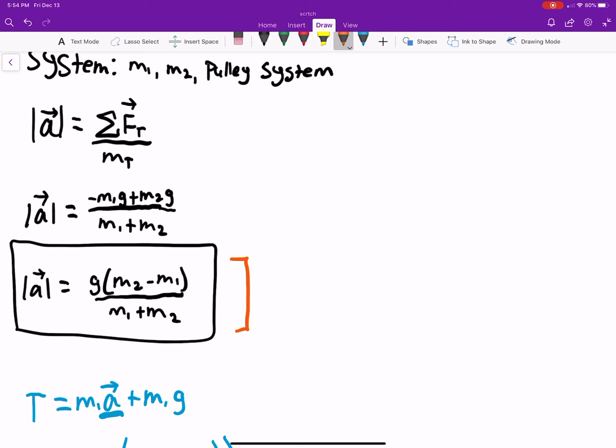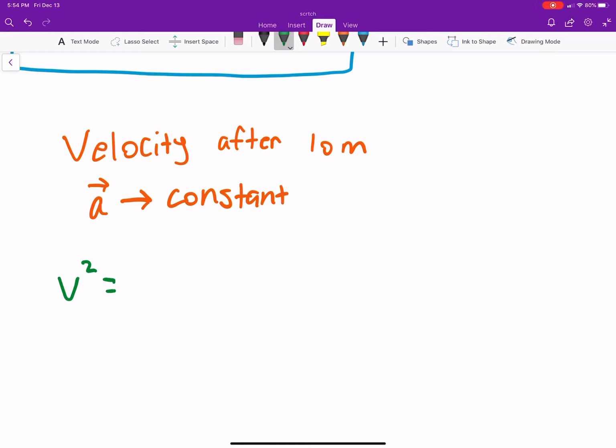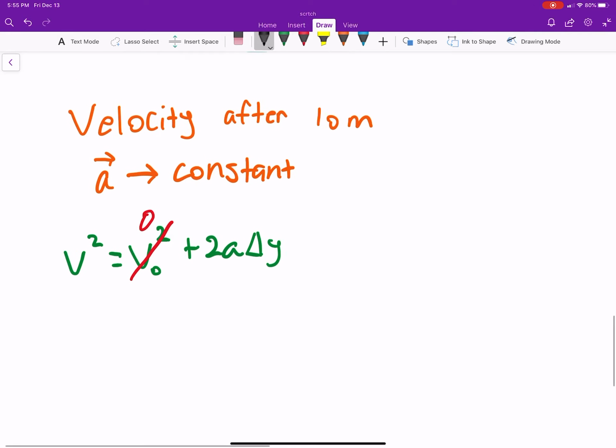So your acceleration is constant. And if you see that, you should think kinematic equations. In particular, we're going to do velocity squared equals v initial squared plus 2 times acceleration times delta y. Now, I'm assuming that the system isn't moving, so that's just going to be 0, at least to start.